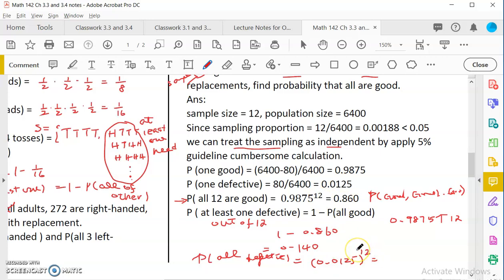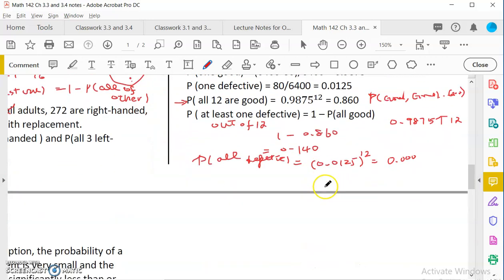You can tell that this is a really small number, 0.0125, 12 times. It would be really small, 0.000. So if you round to 3 decimal places, there's no chance that you can pick all 12 defective. So remember, you're picking 12. Sample size is 12, so that's the chance.